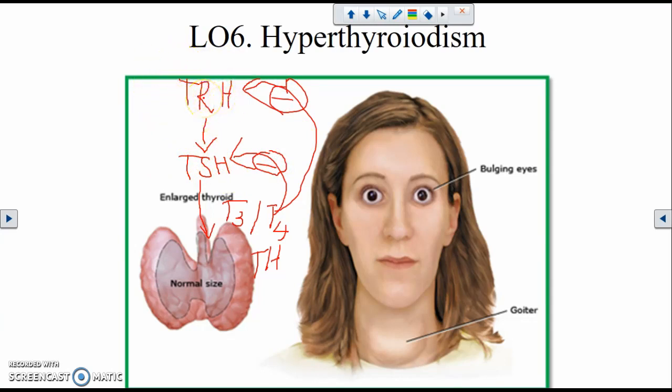Okay, there could be many other reasons why this is. But what happens is because they are not shutting off TRH and TSH, this TRH is always going to be inducing the pituitary to release TSH, and TSH is going to keep telling the thyroid, make more T3, make more T4, right? And so what happens is the thyroid then becomes hypertrophic.